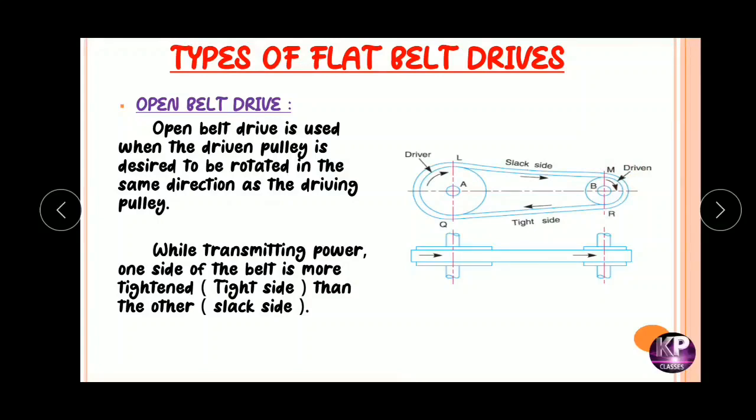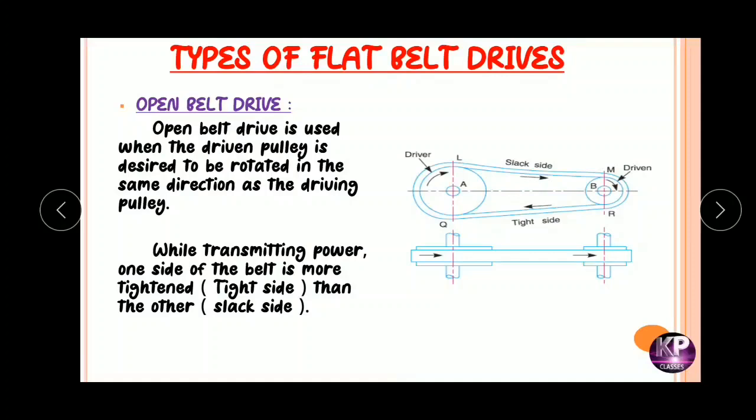The pulley from which power is transmitted is known as the driver, and the pulley to which power is transmitted is the follower. In this case the driver rotates clockwise and the driven also rotates clockwise. That means when we desire to rotate both the driver and driven in the same direction, in that case we go for the open belt drive.